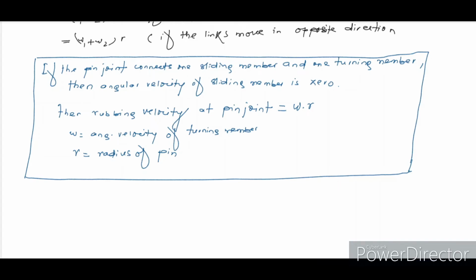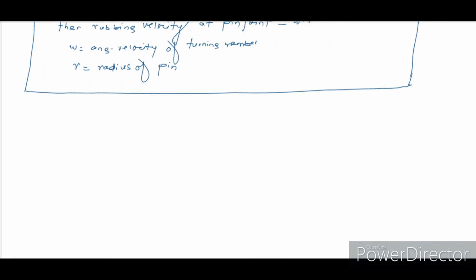Now, we'll solve another example. Suppose it is given in a 4 bar chain ABCD that AD is fixed and is 150 mm long.